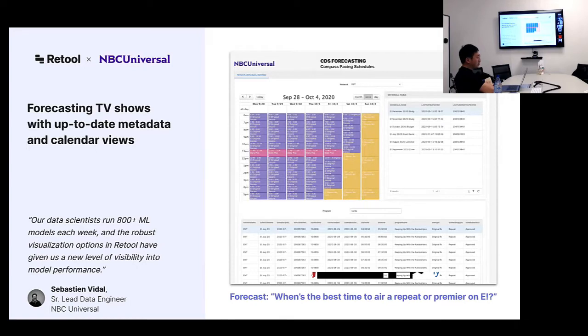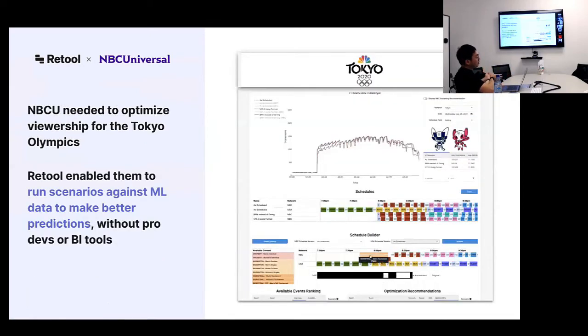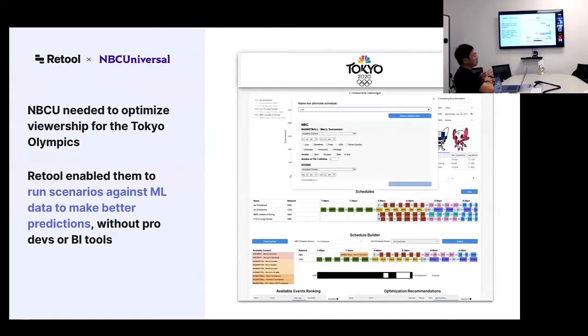They have visualization built on top of Retool, so they can see exactly what the model predicts. And they can have a really fast feedback cycle with their client, who can make suggestions, make predictions, and decide where to invest. And believe it or not, they actually built a whole Tokyo Olympic Games forecasting schedule completely on Retool.